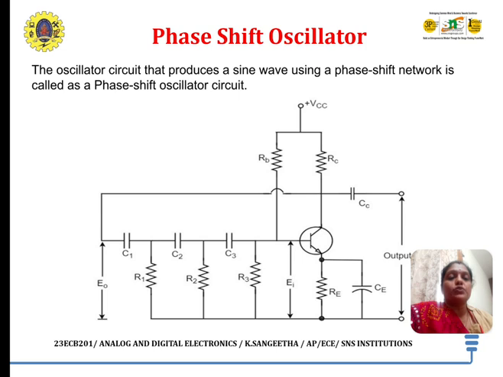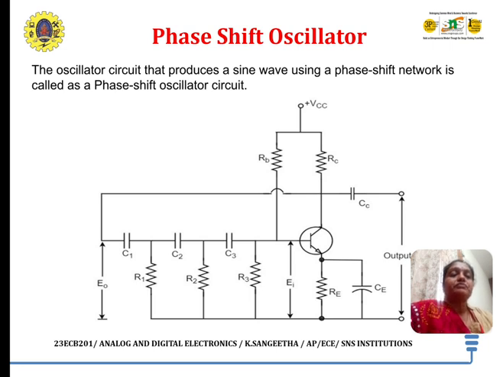R1 C1, R2 C2, R3 C3, 3 RC networks are used, and each RC network produces 60-degree phase shift. The amplifier, that is the transistor BJT, produces 180-degree phase shift. So totally 360-degree phase shift can be obtained.